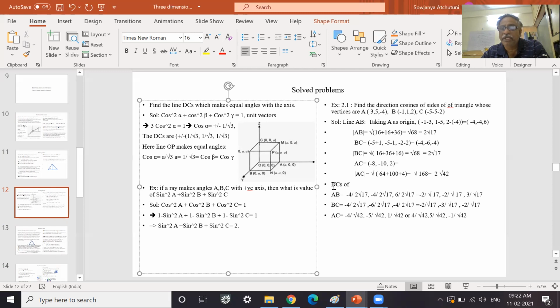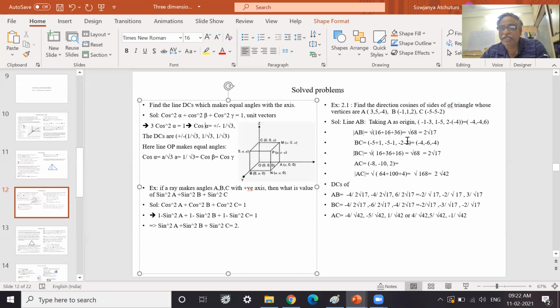Now we know what a direction cosine is. Direction cosine is x by r. So what is the x for AB? The difference between A and B, the x difference is minus 4, by r which is 2 root 17. So this is minus 4 by 2 root 17 for AB. Y is also minus 4, z is 6, so 6 by 2 root 17. So this is cos alpha, cos beta, cos gamma for the AB line.